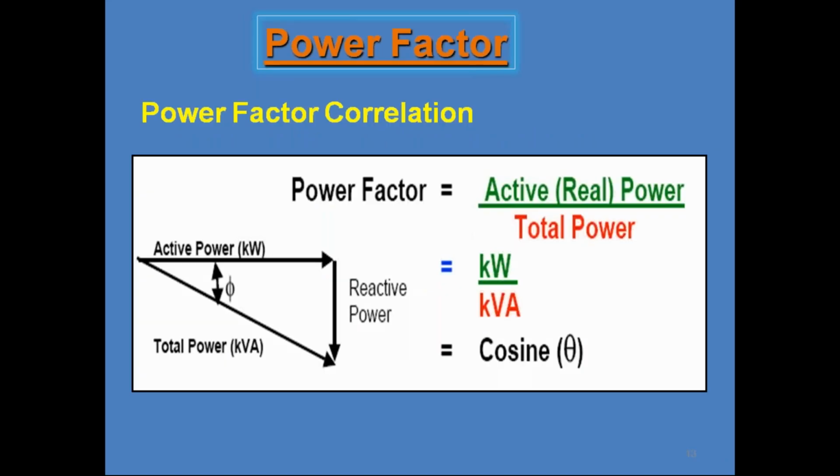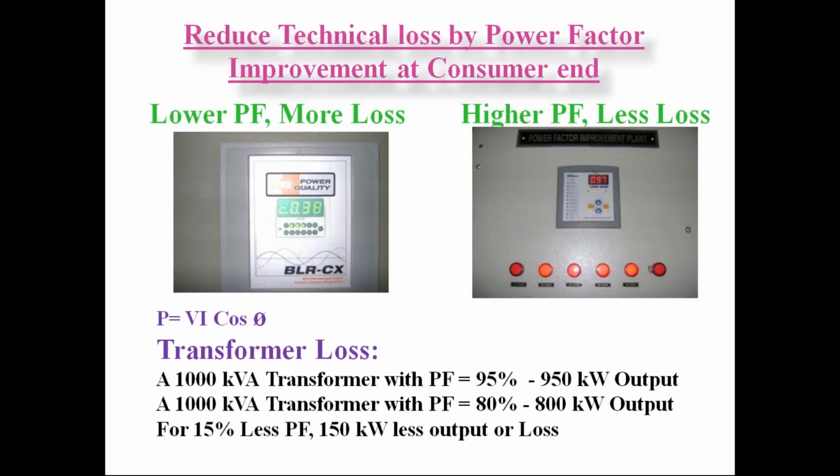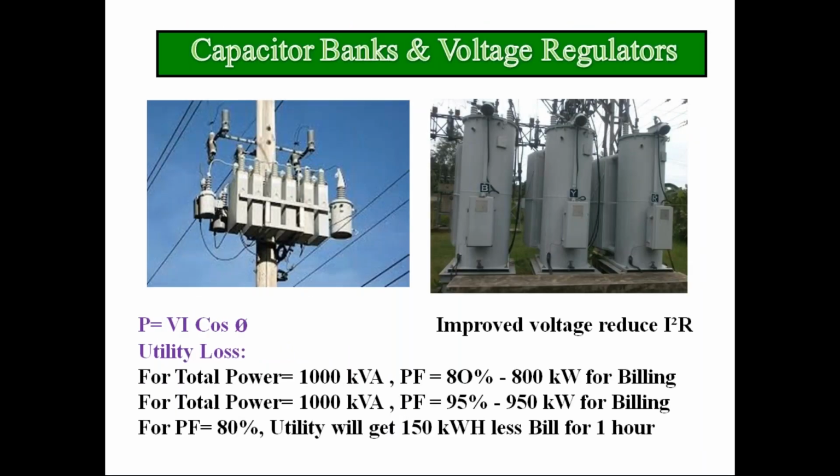First of all, we hit the power factor. For power factor, you know that there are two parts, active power and reactive power. And with cos theta, the smaller this angle, the more power we get. So what was the effect of power factor? E is equal to VI cos theta.